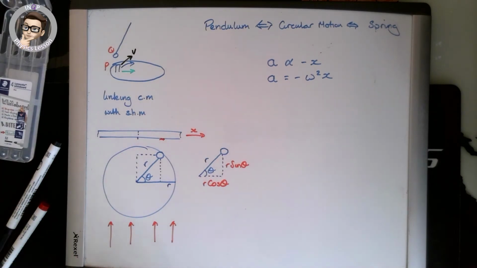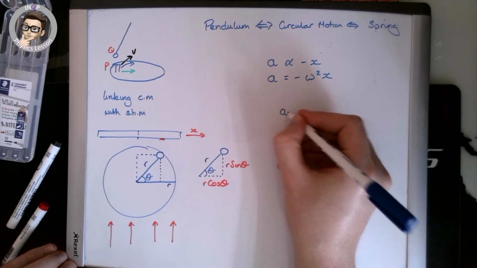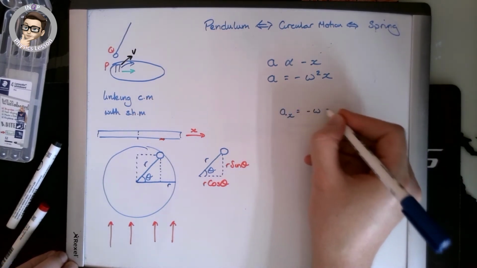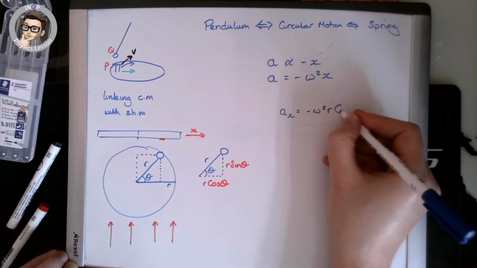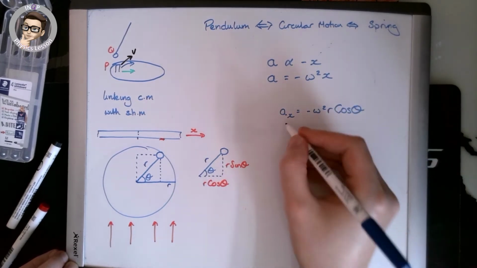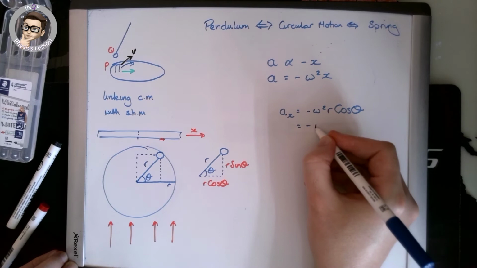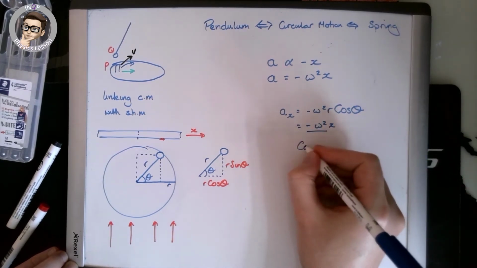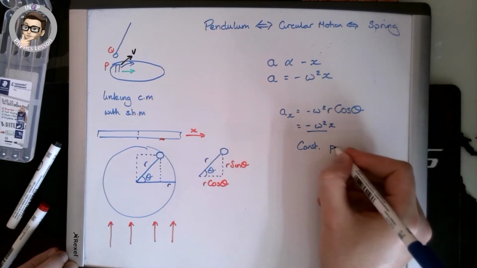Well, we just proved it there. So the fact we've ended up with a subscript x, and I will write it again because I think it is quite important, is equal to minus omega squared r cosine theta, then we can also say, obviously, that that is minus omega squared x, so therefore that is my constant of proportionality.